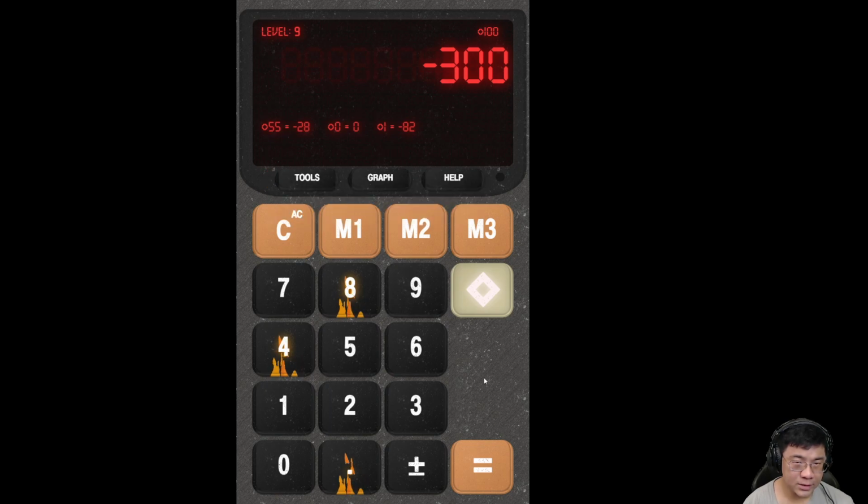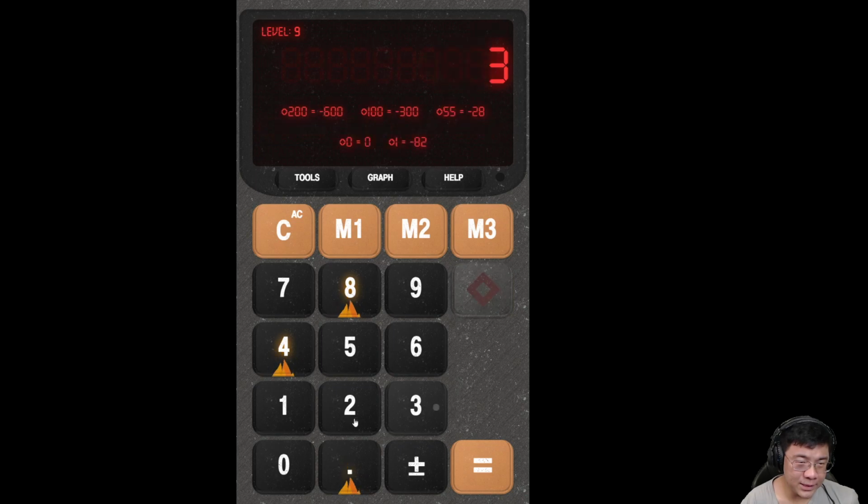Negative 300. So would 300 therefore be negative 900? Okay. But it's not just subtracting 600, it's doing something different.